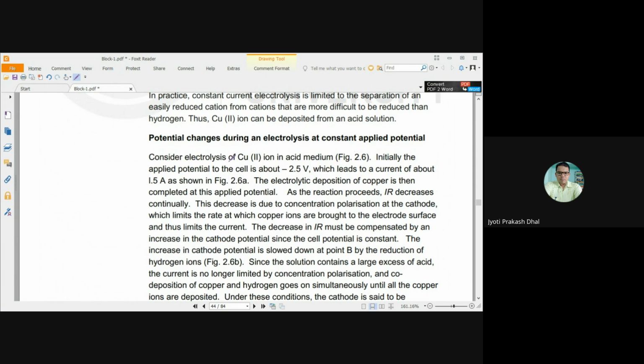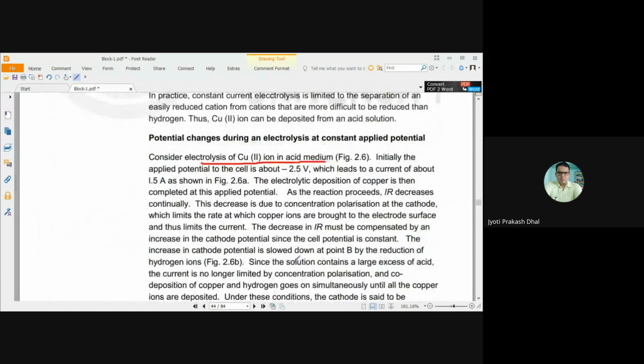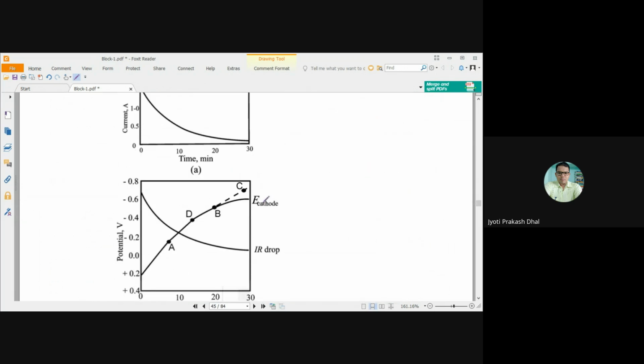To discuss this, we will take a particular example. Consider the electrolysis of copper 2+ ion in an acidic medium, as you can see in this figure. Initially, the applied potential of the cell is about minus 2.5 volts, which leads to a current of about 1.5 ampere as shown in figure 2.6a.